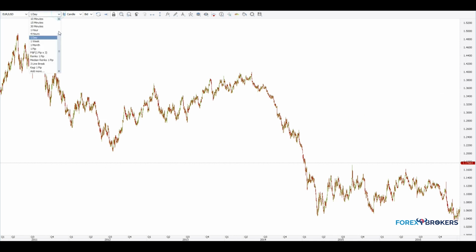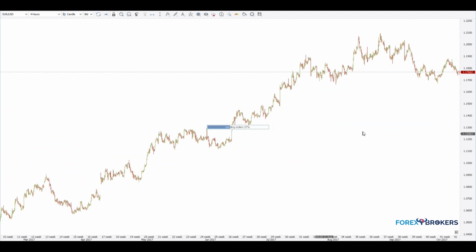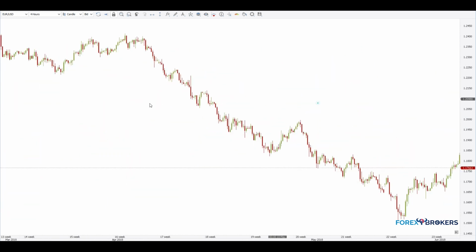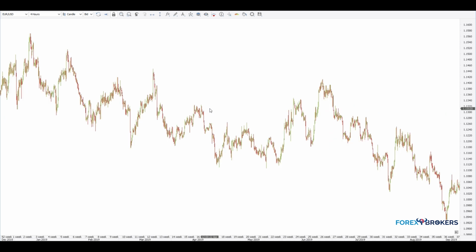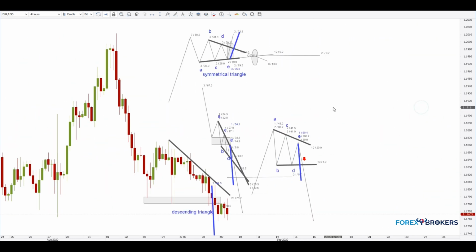So let's go back to our theoretical part. I invite you to go there on the euro US dollar and to practice on the triangle, to see how the rules are respected on the running triangle.